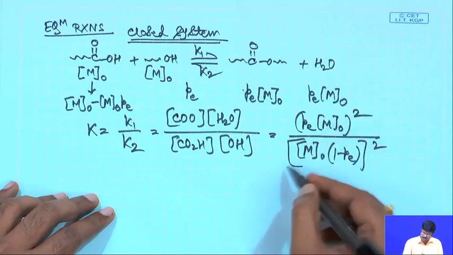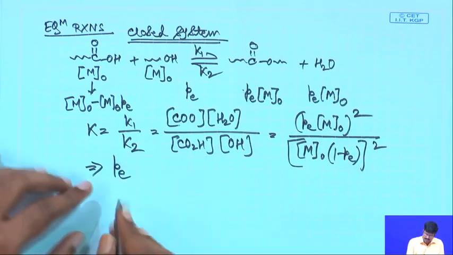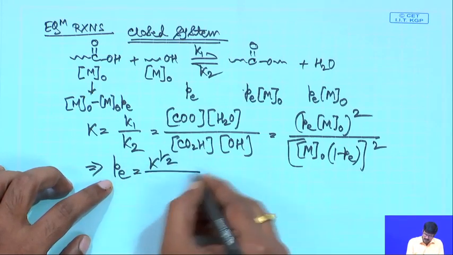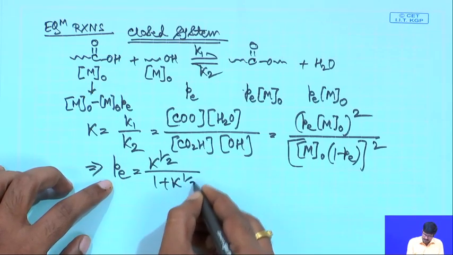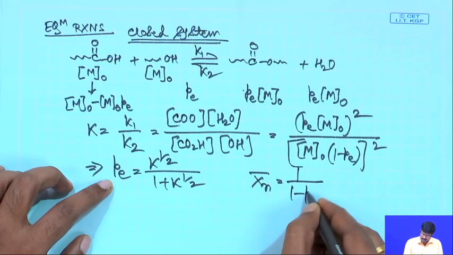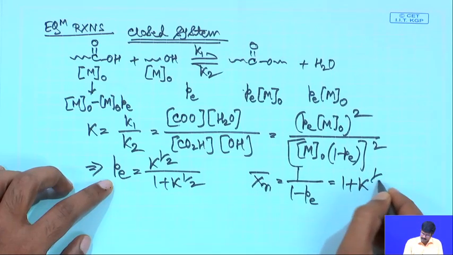So, this m0 will go, and if you do the final calculation, what you can find out is small PE, which is your extent of reaction, it will be equal to k to the power half divided by 1 plus k to the power half, and your xn bar, which is nothing but 1 divided by 1 minus PE, Carothers equation, that will be equal to 1 plus k to the power half.